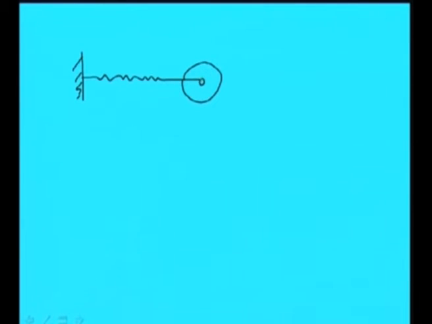There is no friction between the spring and the roller, and this cylinder is rolling over a surface without any slip. Sufficient friction is there between the roller and the ground, so that it is not skidding, only pure rolling is taking place between them.